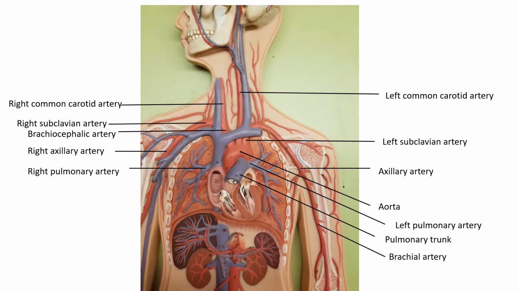All right, moving into the arteries and veins of the chest. Remember that when it comes to these structures, aside from the ones going from the heart to the lungs and from the lungs back to the heart, typically in red, you're going to have arteries.